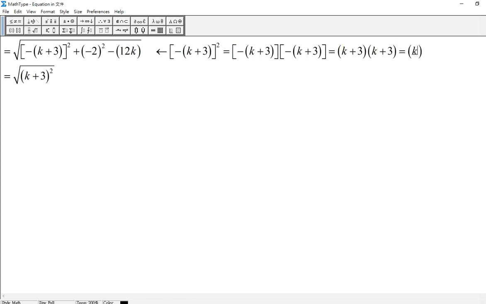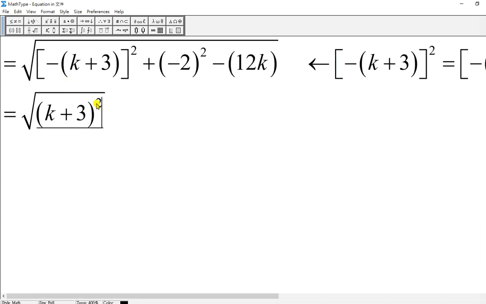Therefore, you just get back (k plus 3) bracket squared. Okay. Now let's focus on here. Negative 2 bracket squared, that's plus 4. And then minus 12k. That's the second step we have.